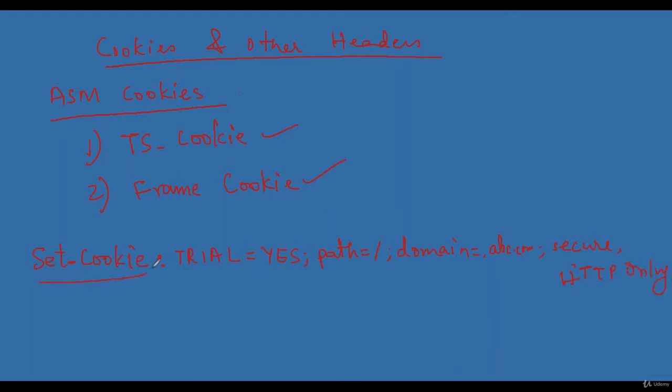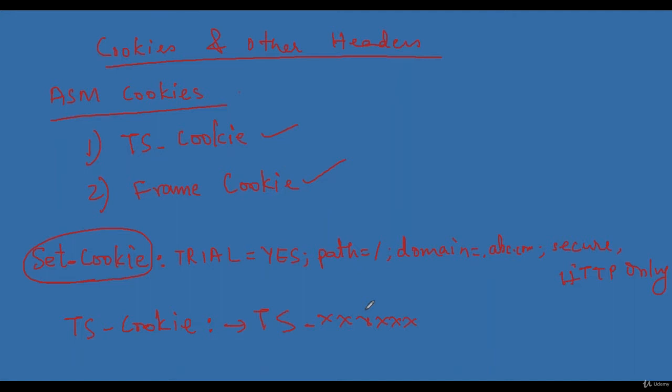If this Set-Cookie header is present, ASM will perform a hash on this cookie and insert the hash value into its own TS cookie, which is named TS_XXXX. Thus, ASM generates its own cookie in the response, which is specific to the domain .abc.com, maybe in addition to any possible different domain or path combinations.